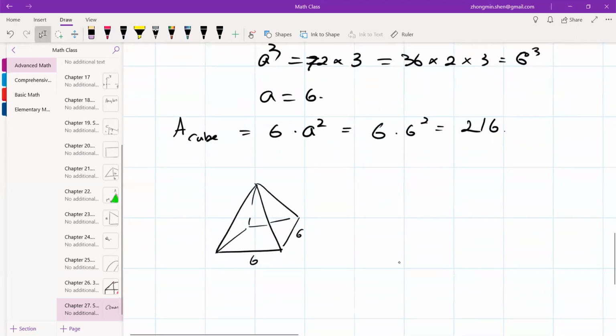You also know the height. In order to look at this pyramid, the 4 sides are all identical isosceles triangles. So you just need to find the area of one isosceles triangle, then you can solve the problem. That's my hint.